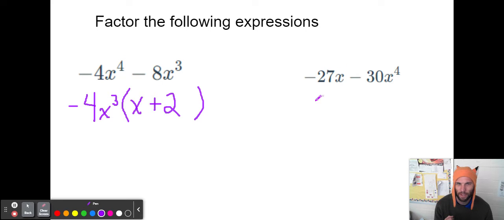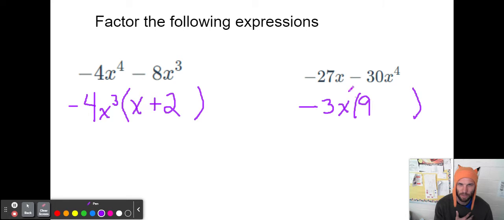This is, again, negative in front, so negative 27 and 30. I would say that looks like 3. And they both have x, so I'm going to pull out, and that's the same rule, the smaller. See, the third is the smaller, and then this is just x is the smallest. This is 9.